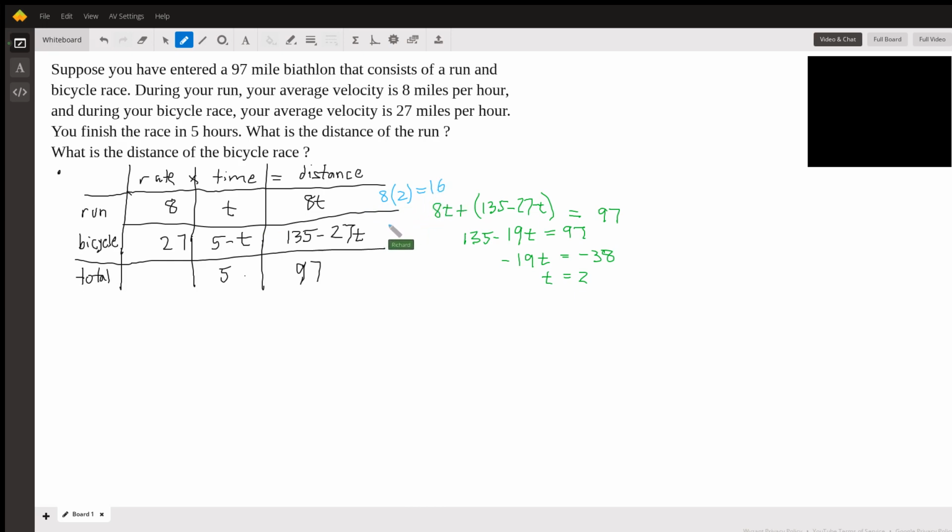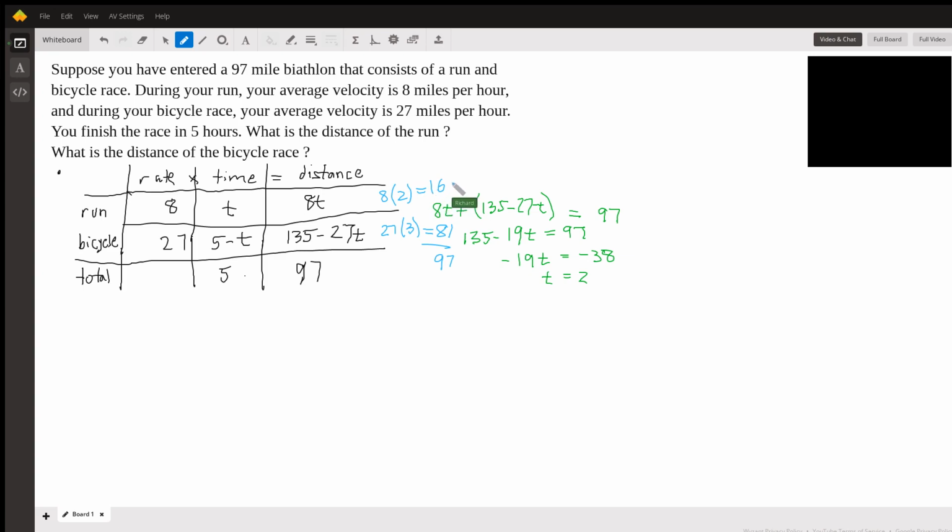And I know I'm bicycling for 3 hours, so that's going to be 27 times 3. That gives me 81. And I can see that when I add these up, I get 97. So those are my two answers.